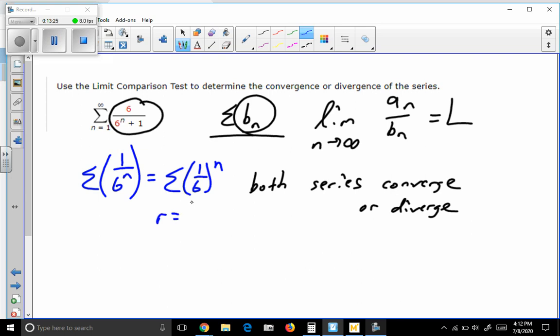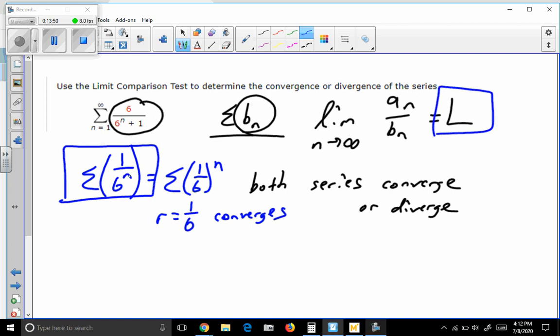And since r is 1/6, that one converges. So we know what this particular series does. So if we can show that when we do this sequence divided by that one, that limit exists, then they'll both converge. If we can't show that limit exists, then we're going to have to find a different one to compare it to.